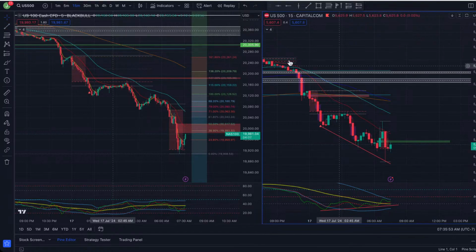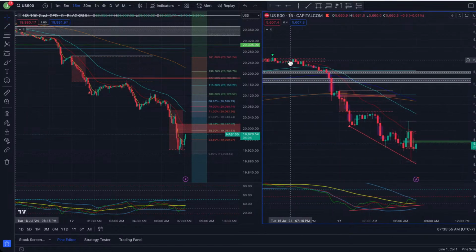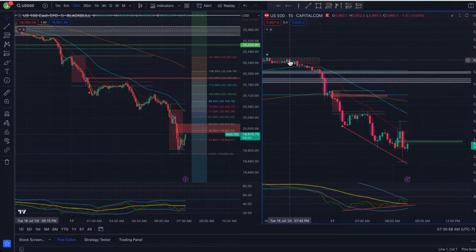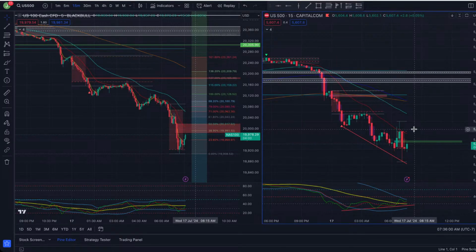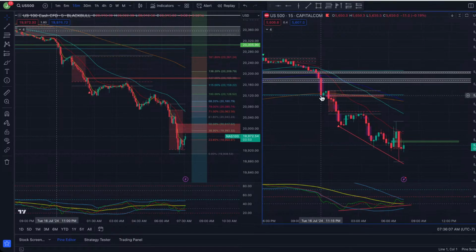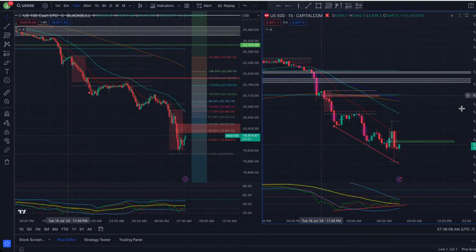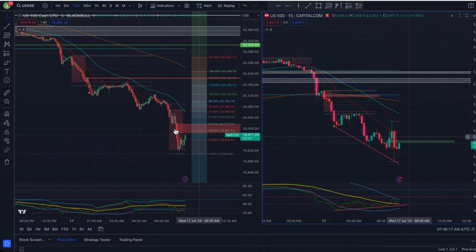But again, since we have a downside expansion model, we're primarily looking, even though we are oversold, we're still more interested in potential sell setups. We want to see what NAS does in this fair value gap, and if bodies close below 61 and 71.